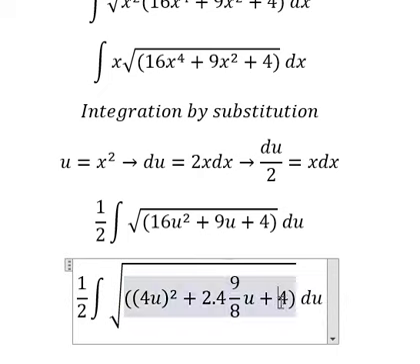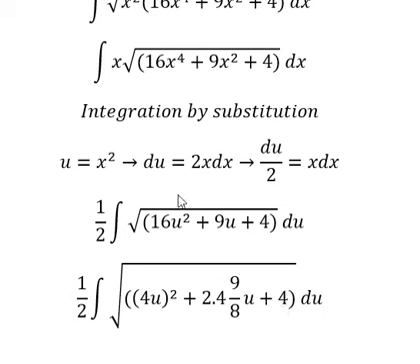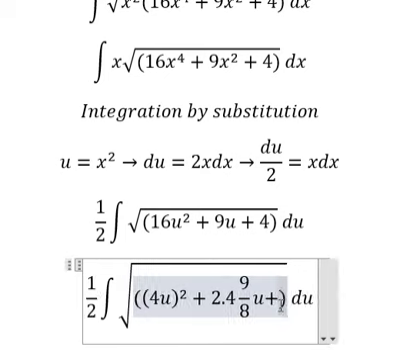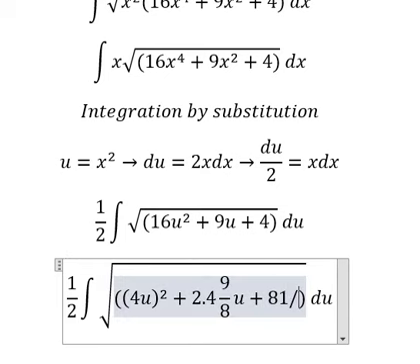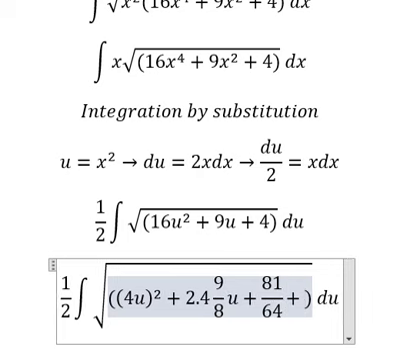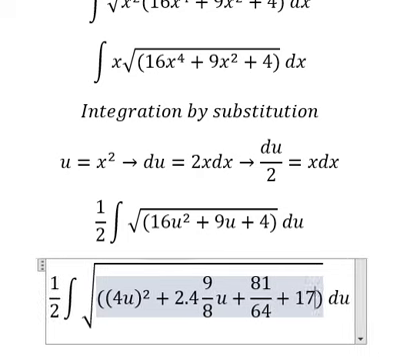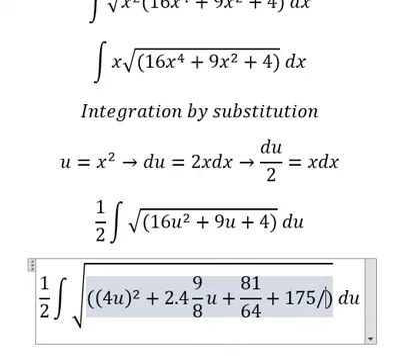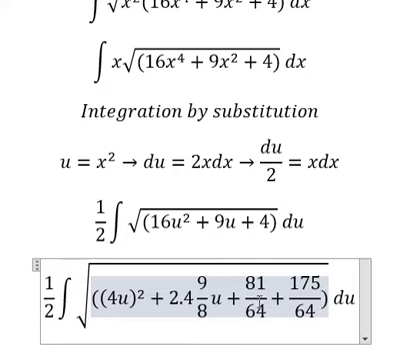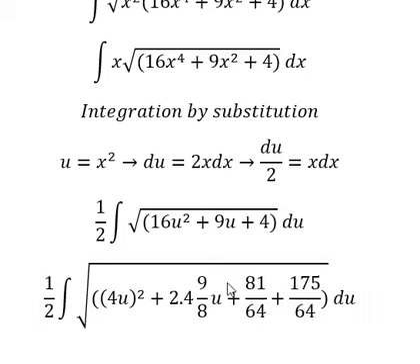So this one in here, the number 4, we need to put into 81 over 64 plus 175 over 64. Because we sum two numbers together, we have the number 4.